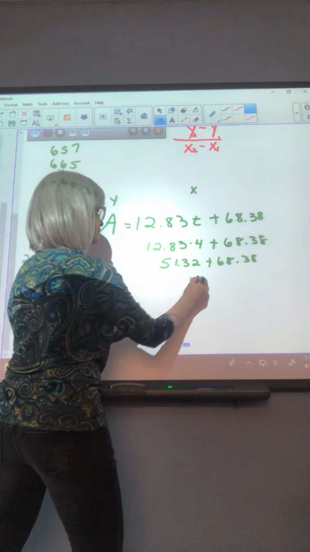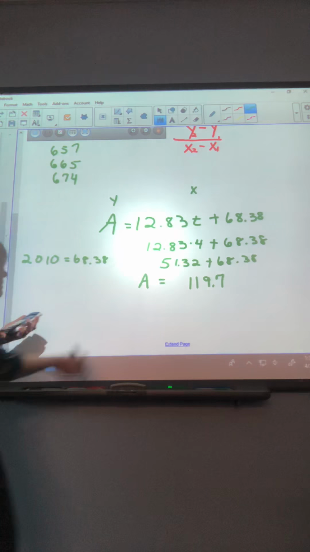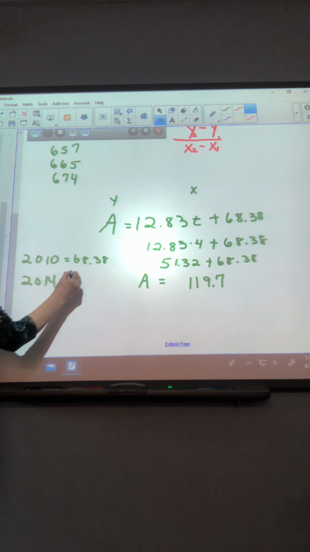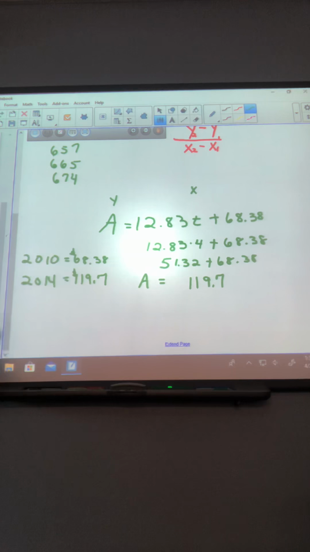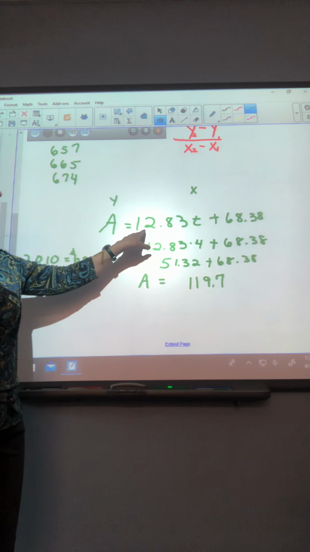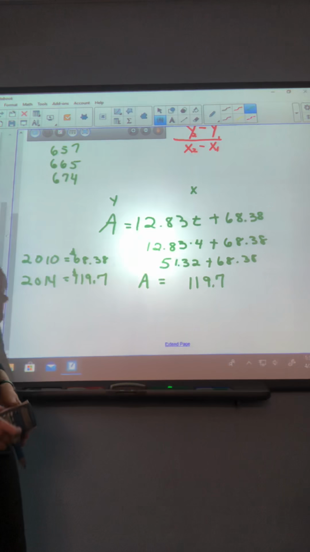And we get 119.7. So then the amount that they spent is $119.7 billion. Might as well put dollar signs by those two, huh? Okay, so again, we took the time, which was 4 years, we multiplied it times our slope, and then we added that to the y-intercept.